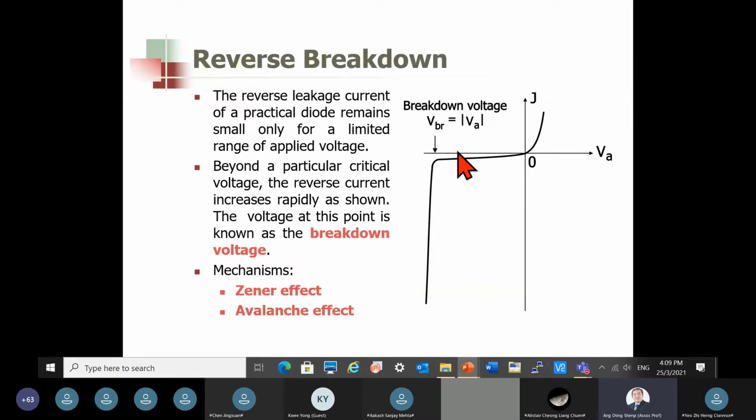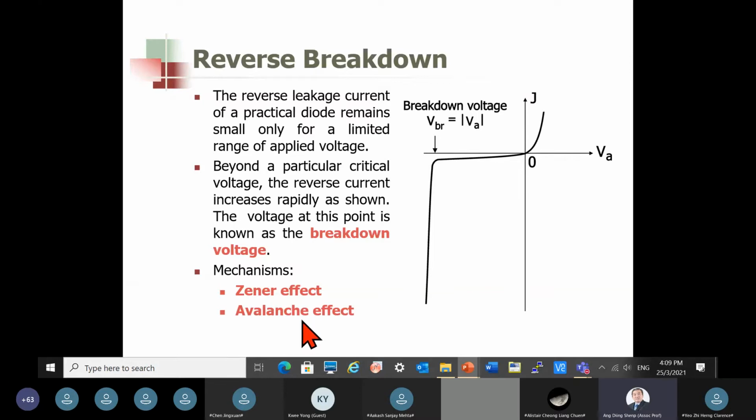In other words, the PN junction diode has suffered electrical breakdown. Now, there are two mechanisms responsible for the electrical breakdown of a diode. The first one is due to the Zener tunneling effect, and the second one is the avalanche effect. So we'll discuss each of them in turn.